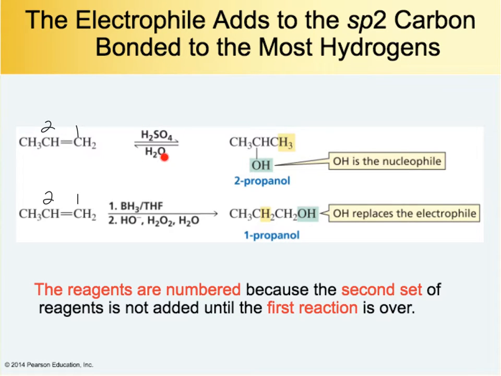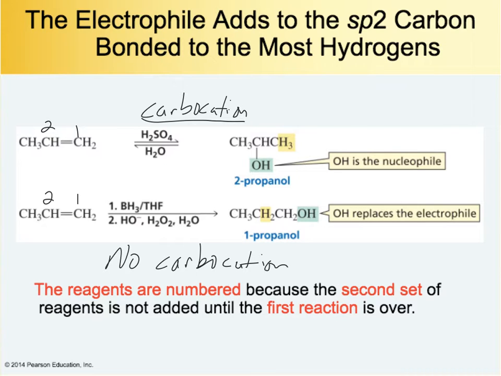When we use H2SO4, we get the OH on the more substituted carbon, because we go through a carbocation. Now if you look here, all of a sudden the OH ends up on the less substituted carbon. That would probably tell you what? No carbocation, a different mechanism. So with BH3, no carbocation.